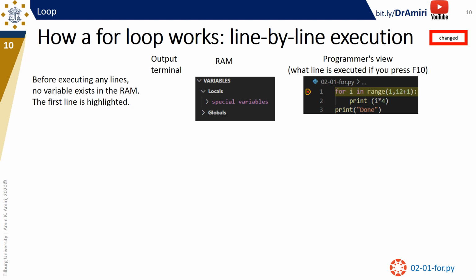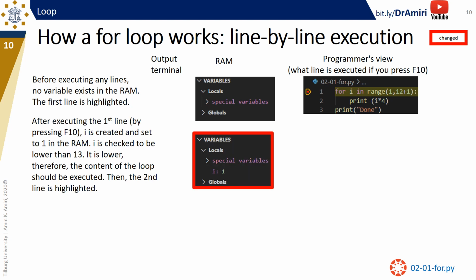Let me explain what happens to the RAM and the output terminal as a result of executing the previous code line by line. Before executing any lines, there is no variable in the RAM. The first line is highlighted. That means if you press F10, that line will be executed. If you press F10 now, the first line is executed.